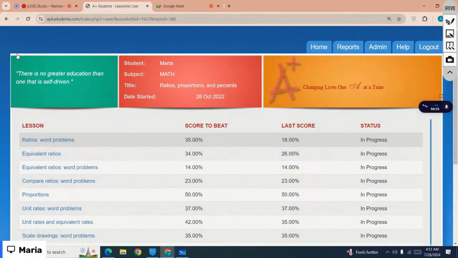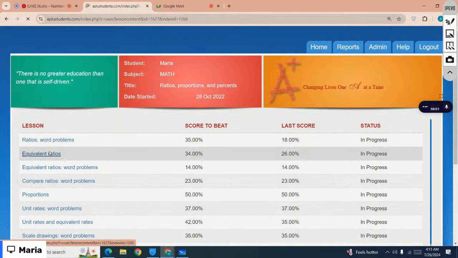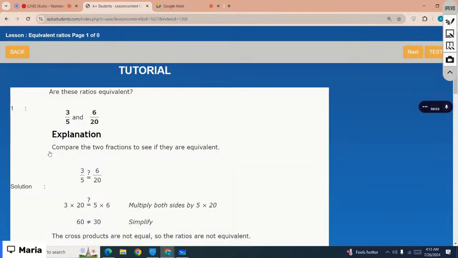The next lesson is equivalent ratios. Are these ratios equivalent: 3 by 5 and 6 over 20?